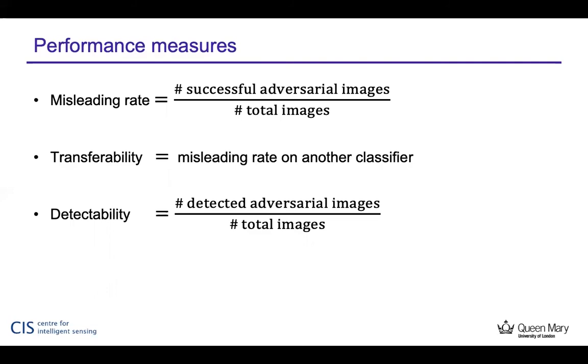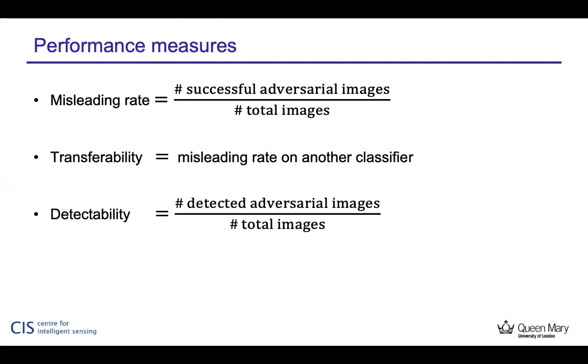As performance measures, we consider the misleading rate, transferability, and detectability. The misleading rate is the ratio between the number of adversarial images that successfully mislead a classifier and the total number of images. Transferability is the misleading rate of the adversarial image on a classifier that is different from the one that was used to generate the perturbation.